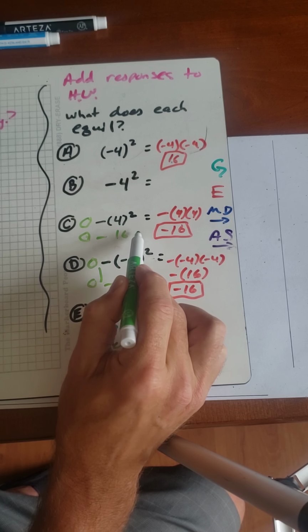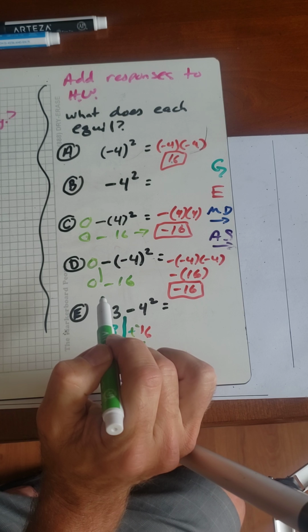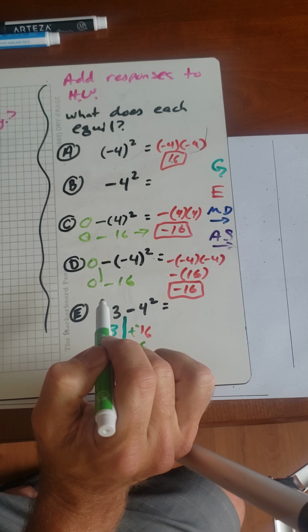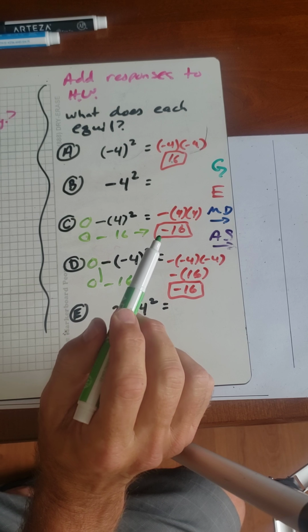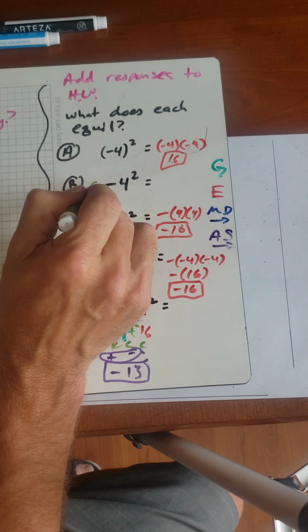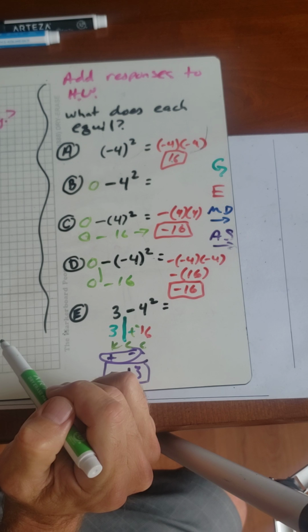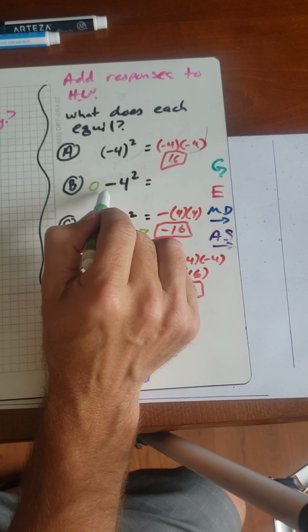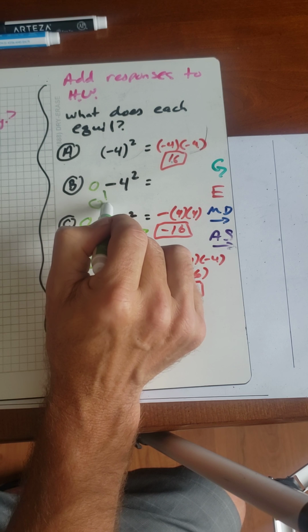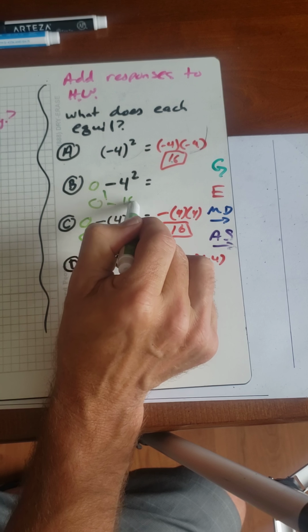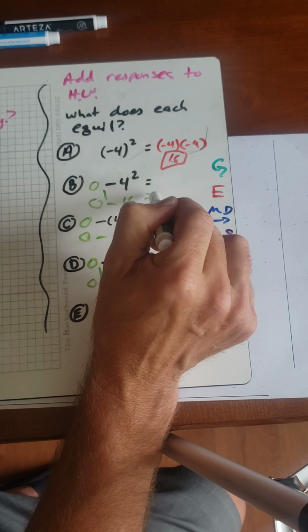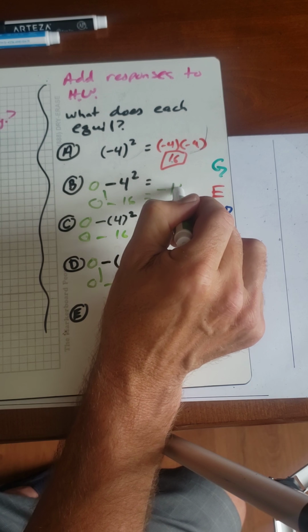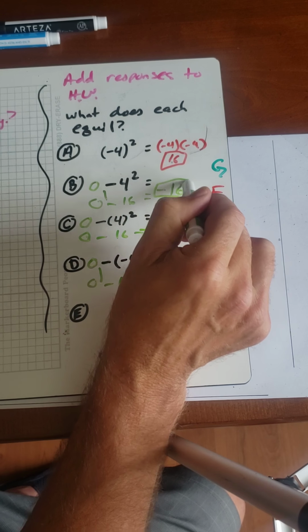And 0 minus 16 gives me -16. So if I put a 0 in here, put a line in there, 0 minus 4 squared, which is 16, which is equal to negative 16.